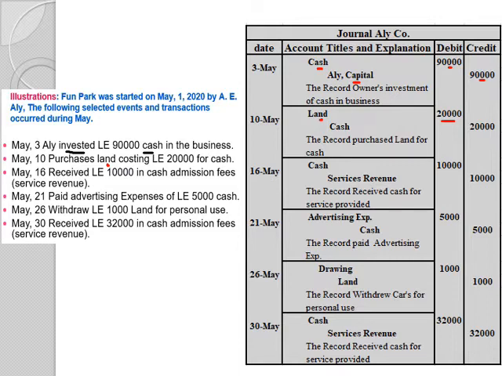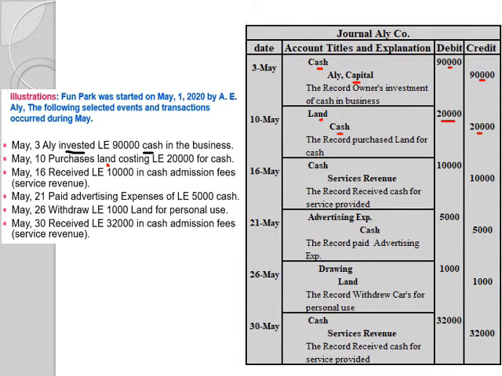Costing £20,000 for cash: cash decreases. Cash is an asset with normal balance debit, decrease, recorded in the credit side and the amount in the credit column. The record: purchased land for cash.